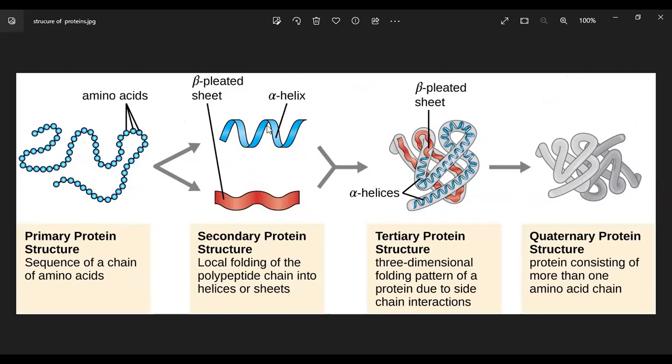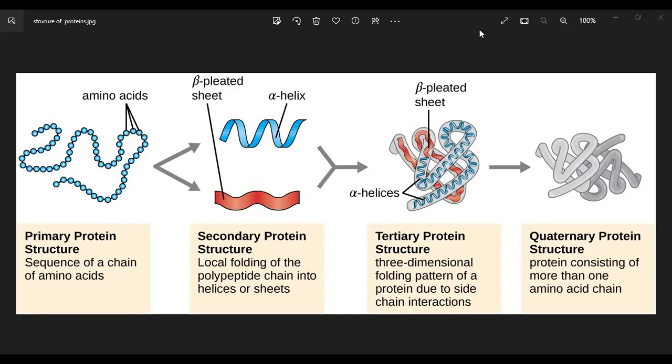So it will lead to either the formation of an alpha helical structure or the beta pleated structure. Now, these will further undergo some foldings in the form of a globular shaped structure because of the presence of ionic bonds and disulfide bridges, leading to the formation of tertiary structure. Now, this tertiary structure again undergoes hydrophobic interactions to form the quaternary protein.